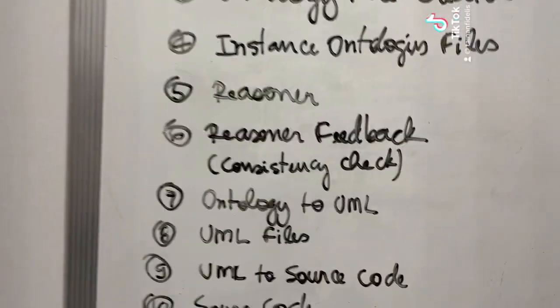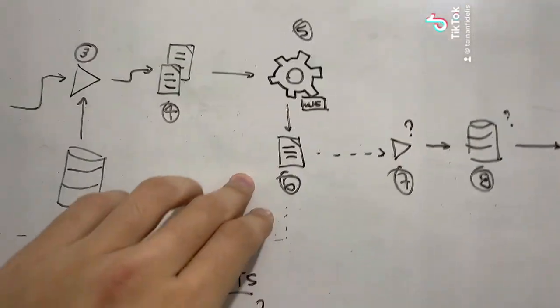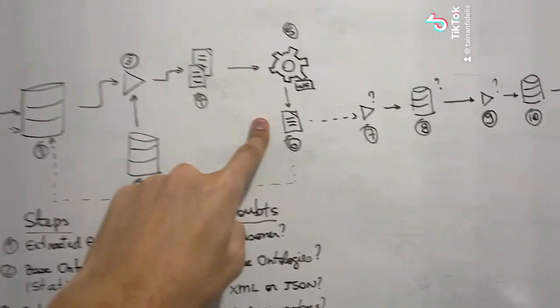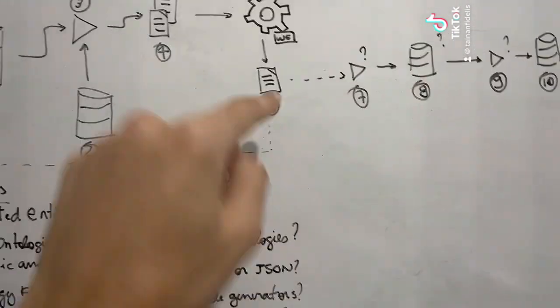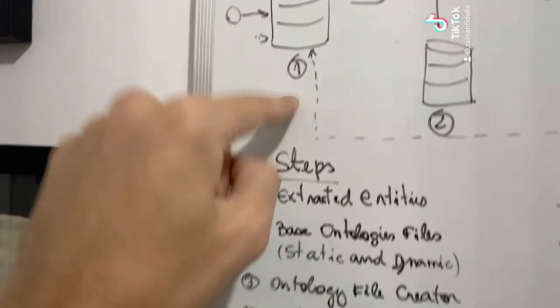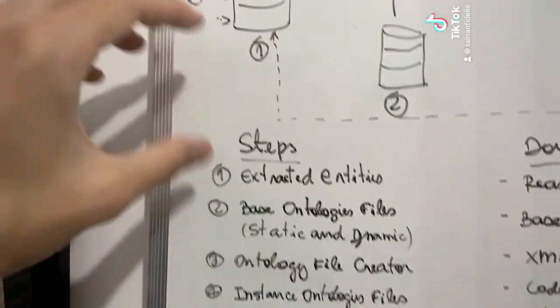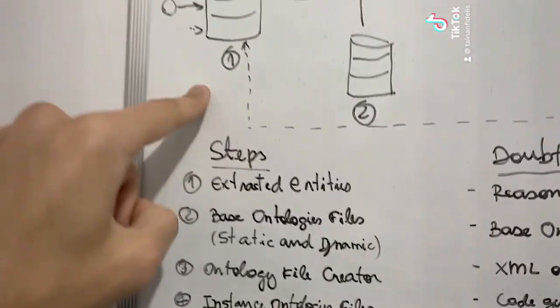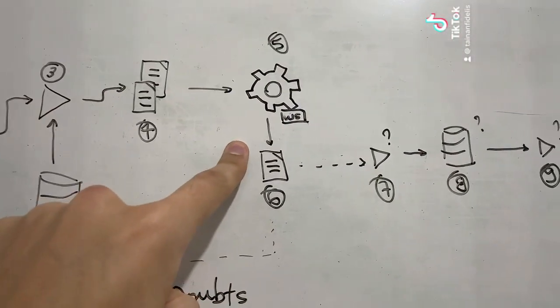And then we could have the reasoner feedback. So okay, your model is working well and we can move forward, or no, your model is not consistent, not coherent, so you have to go back to the first part and talk again. We have to extract entities again to generate another file, and then try to move forward, okay?